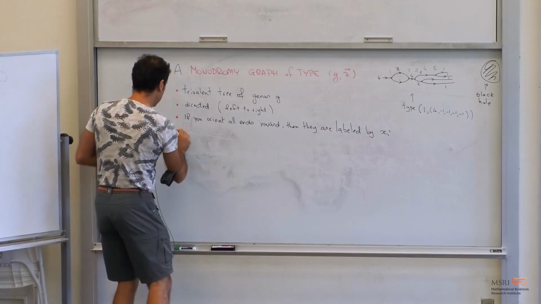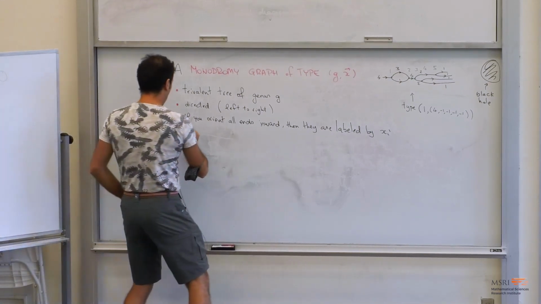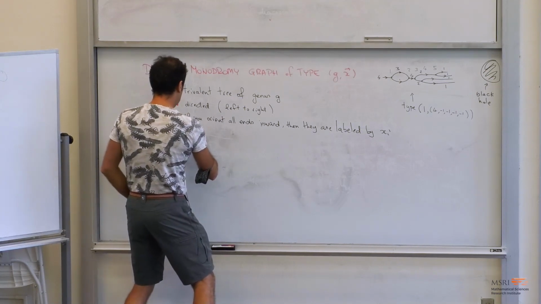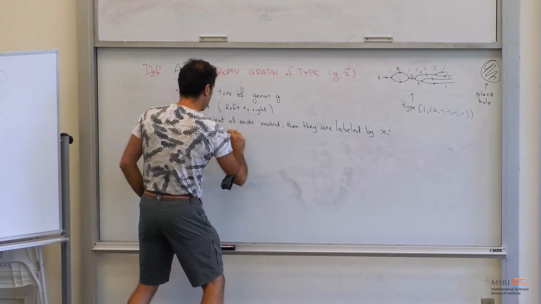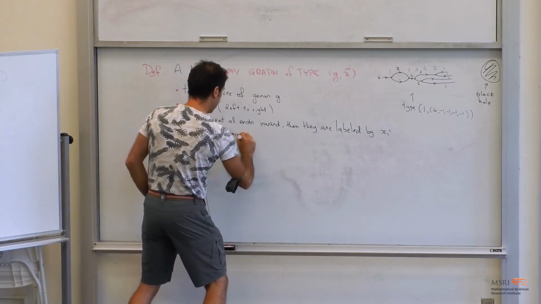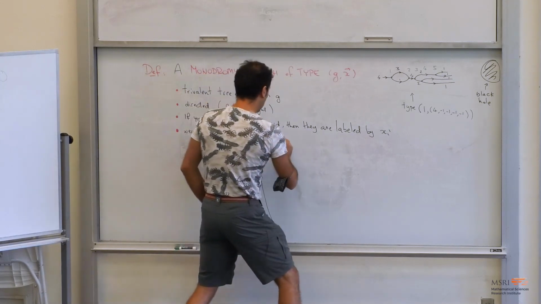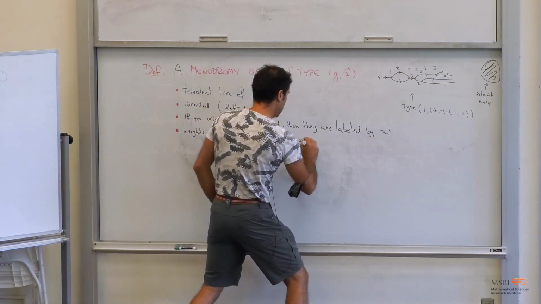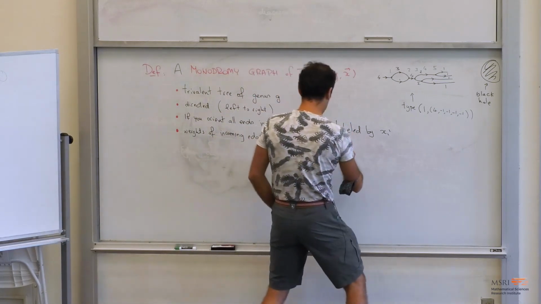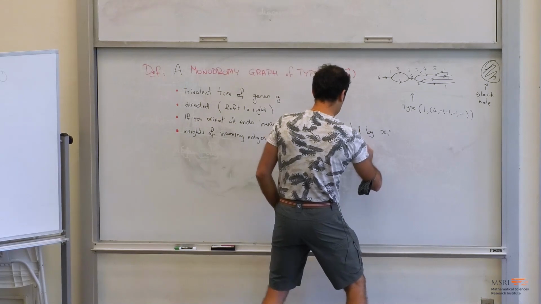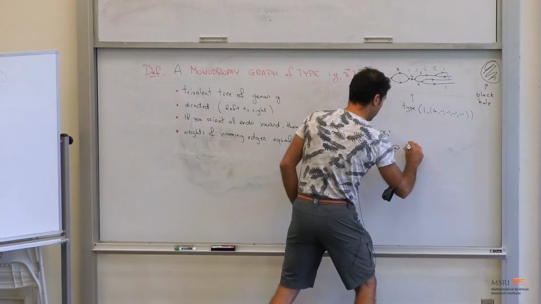What else do I want? I want a balancing condition. So the weights of incoming edges equal the weights of outgoing edges at all vertices.